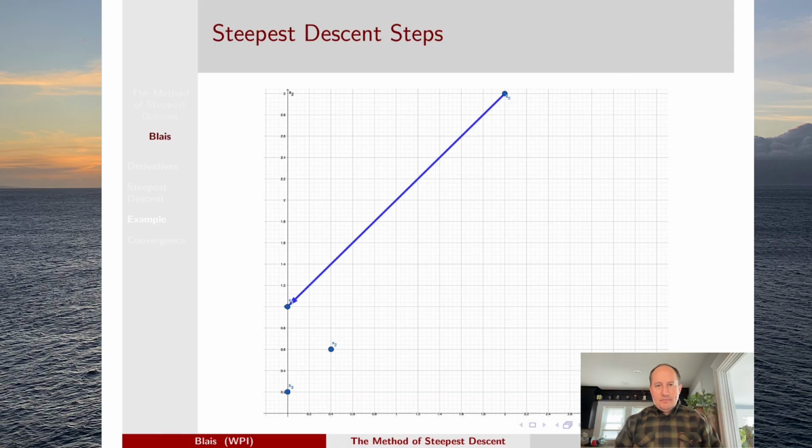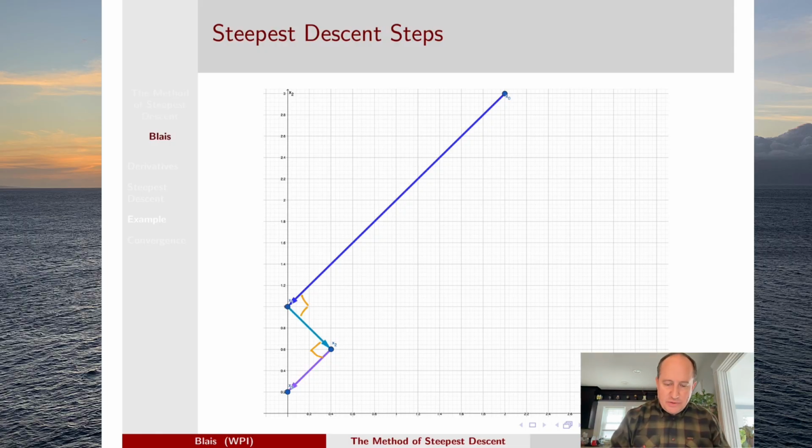Well, if we connect them, that was our first iteration of steepest descent. Our second iteration, our third iteration. Hopefully what we're noticing here is that we do in fact have right angles in between the paths of the steps that we're taking when we apply this method of steepest descent.